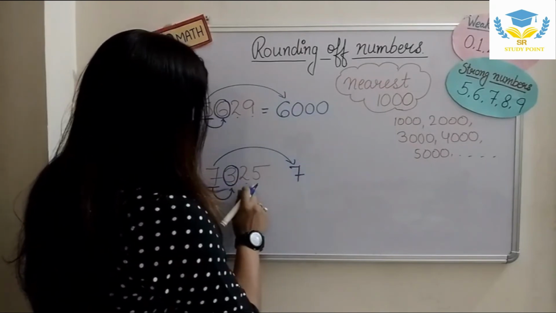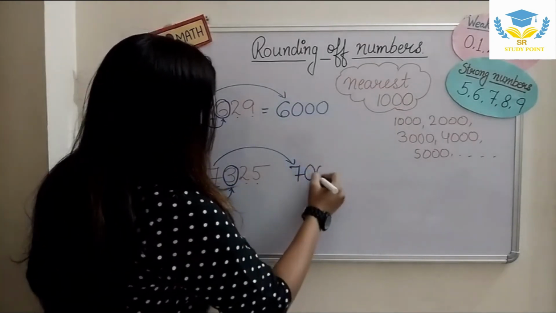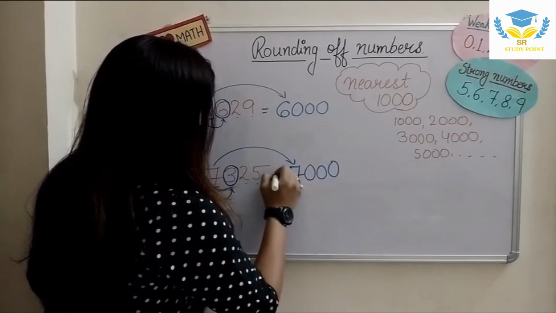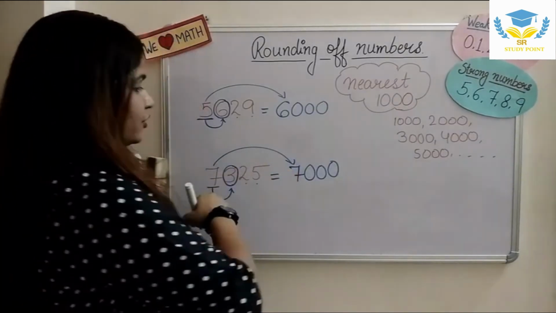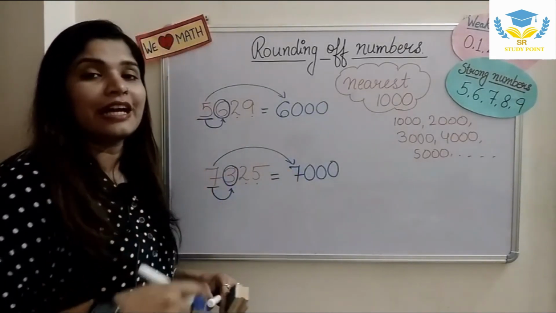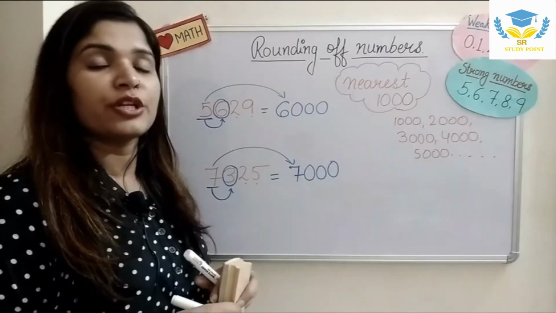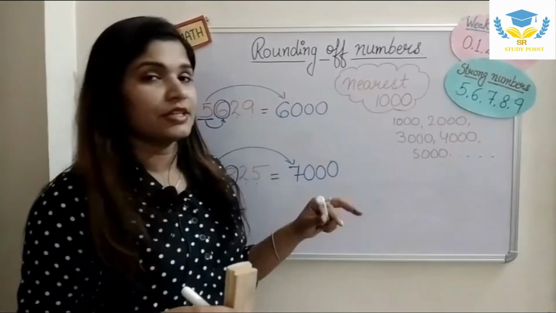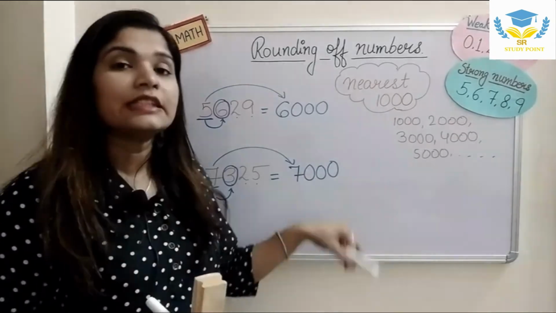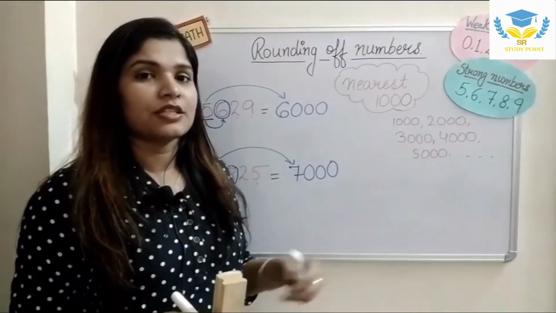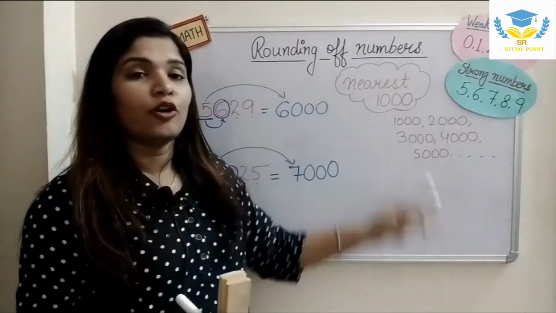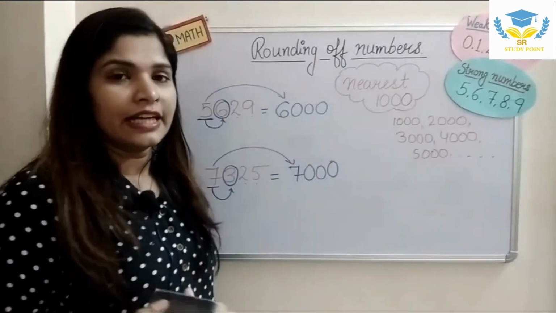And these three numbers, yes, they will become 0, 0 and 0. So 7325, if we round off to the nearest 1000, will become 7000, a multiple of 1000. Is it clear?